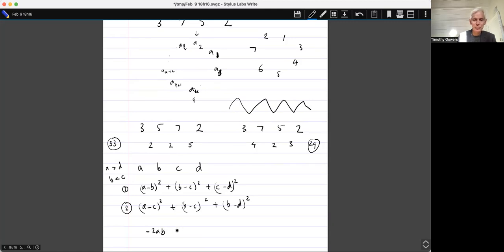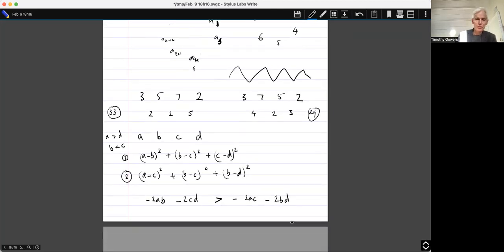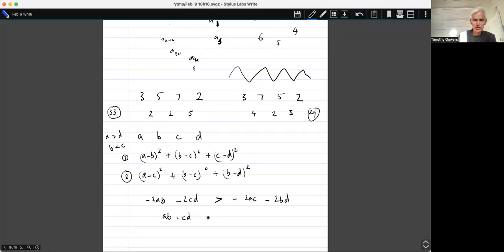That is the same as wanting ab plus cd to be smaller than ac plus bd. And this is looking familiar. I think this is going to work.